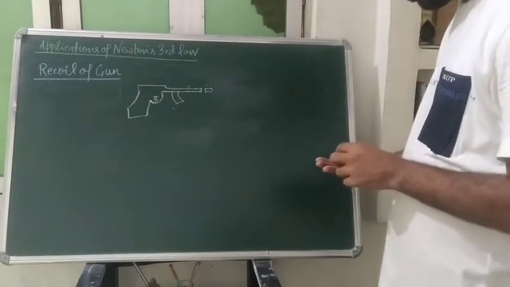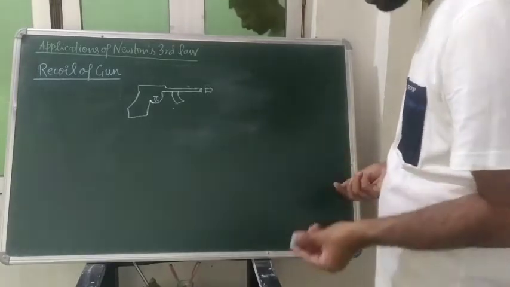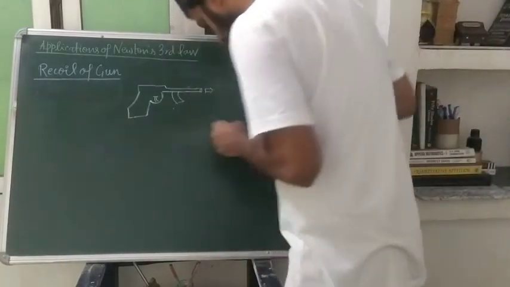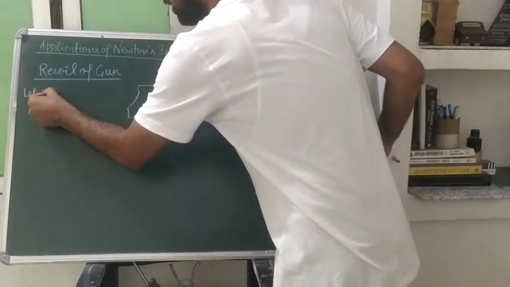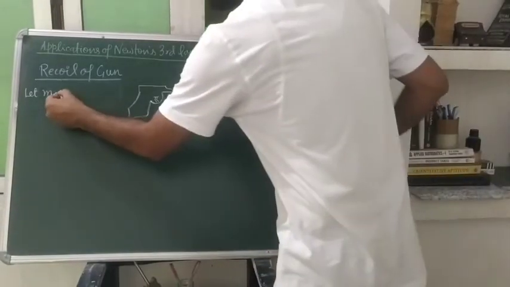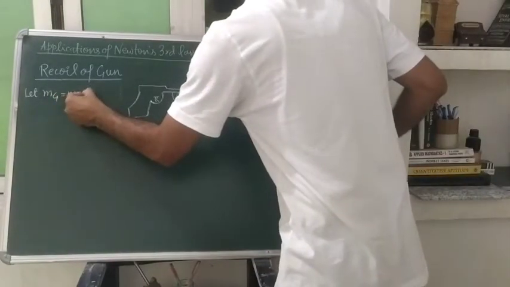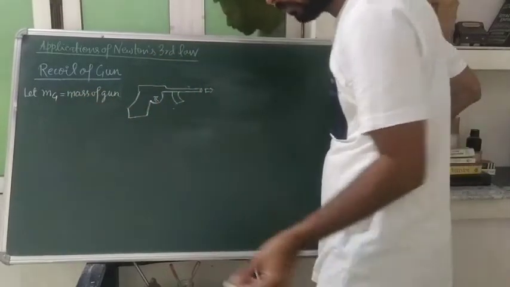So what are the various things in it? First, let small mg be the mass of the gun.